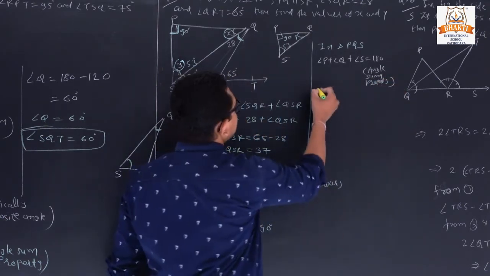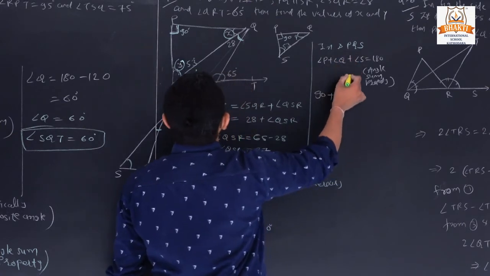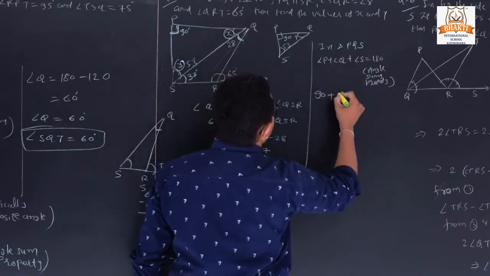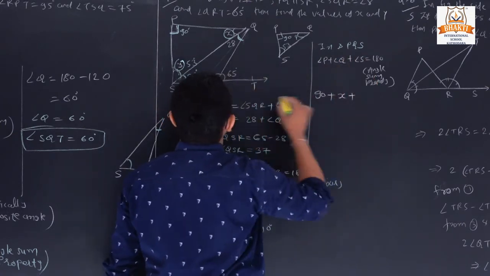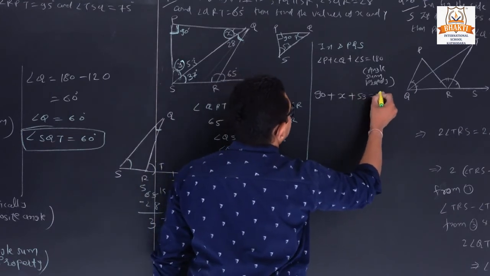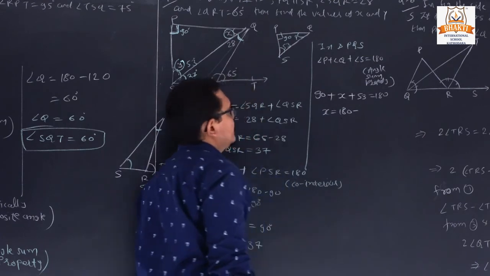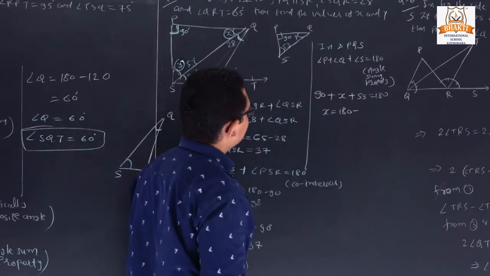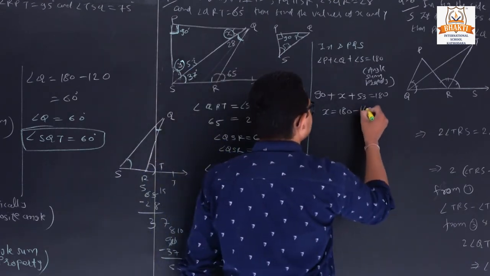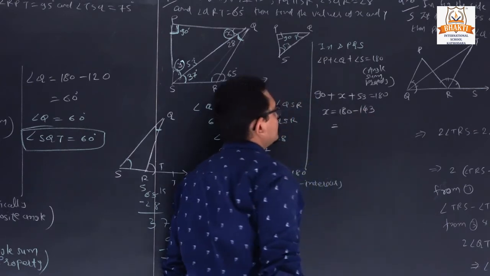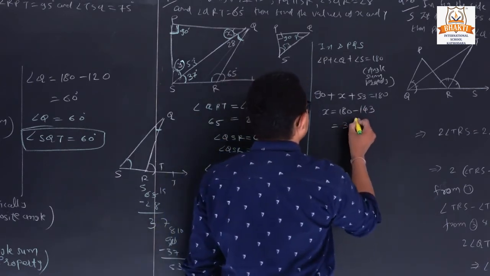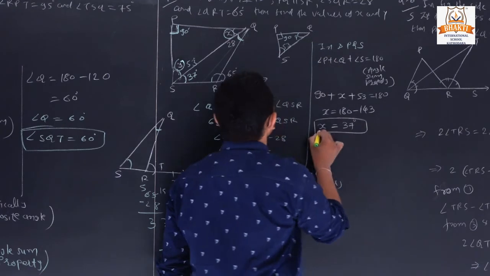Angle P is 90 degree, angle Q we need to find, so it is X, and S is 53. So X is equal to 180 minus 143, so it is 37.